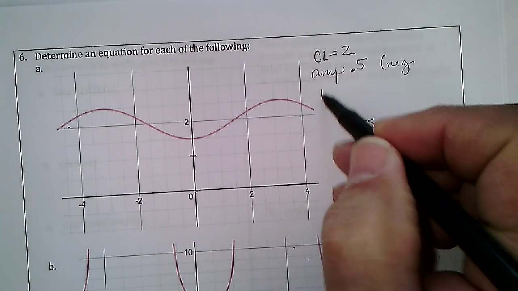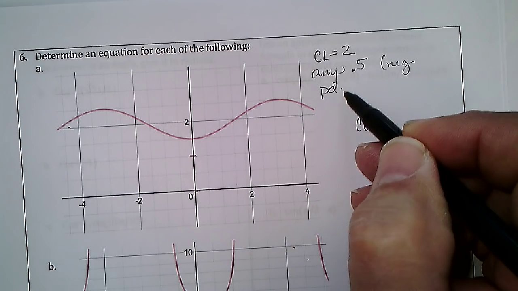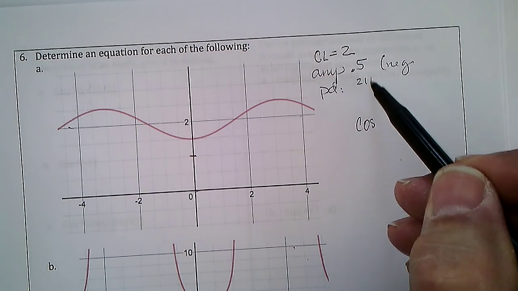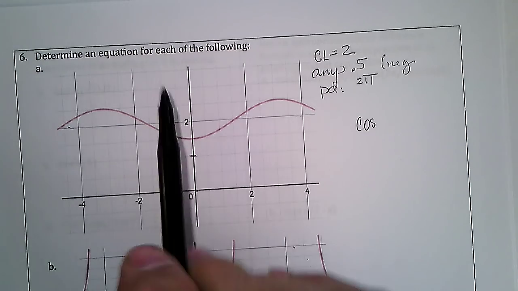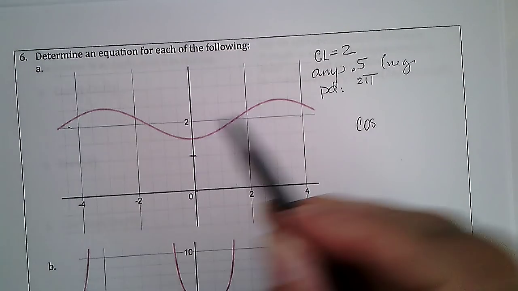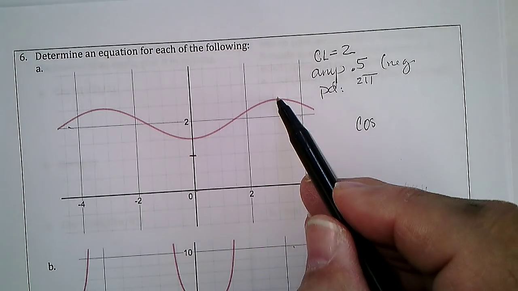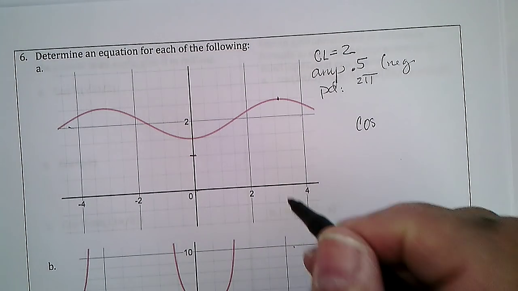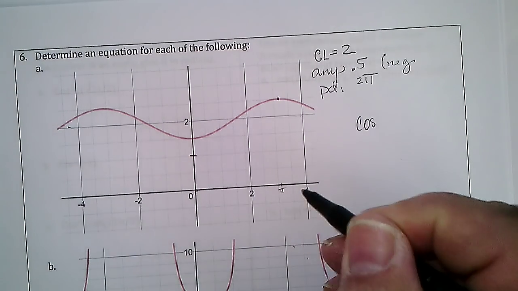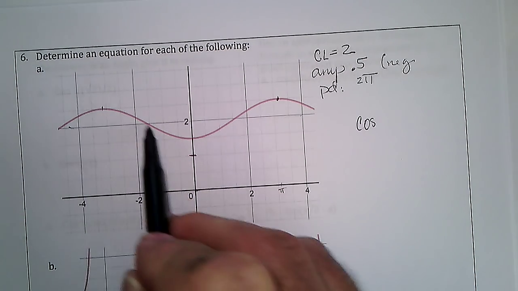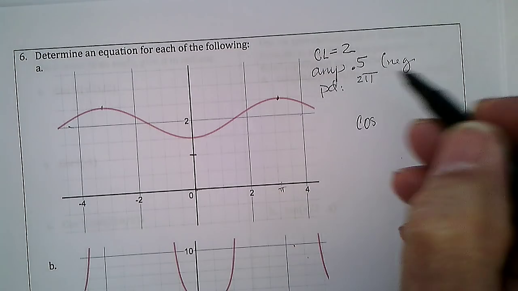Let's get the period, though. Now, the period is going to be 2 pi divided by how long the period is here. Well, it goes from the top to the top. Looks like the top is a little over 3. So I'm guessing it is pi on this side and pi on this side. To repeat, it has to go 2 pi.